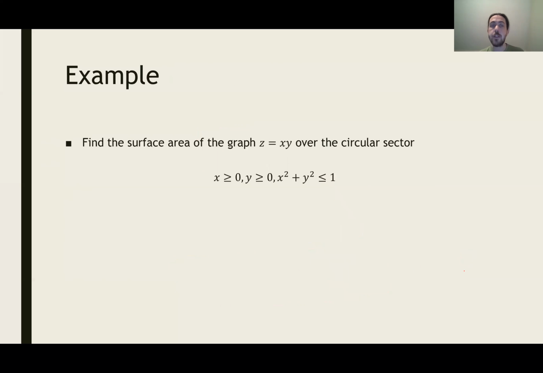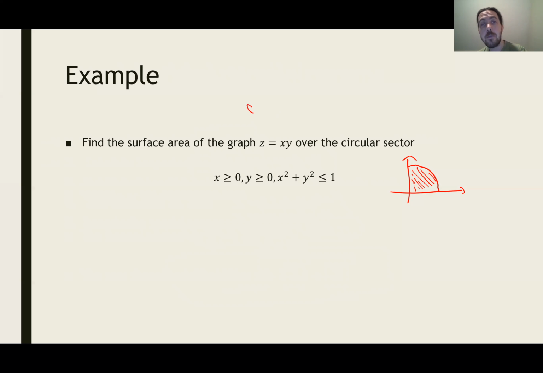So for example, let's talk about finding the surface area of the graph of z is equal to xy over the circular sector, where x is greater than or equal to 0, y is greater than or equal to 0, and x squared plus y squared is less than or equal to 1. So that's the part of the unit circle where x and y are both positive. It lies between angle 0 and angle pi over 2 in polar coordinates.